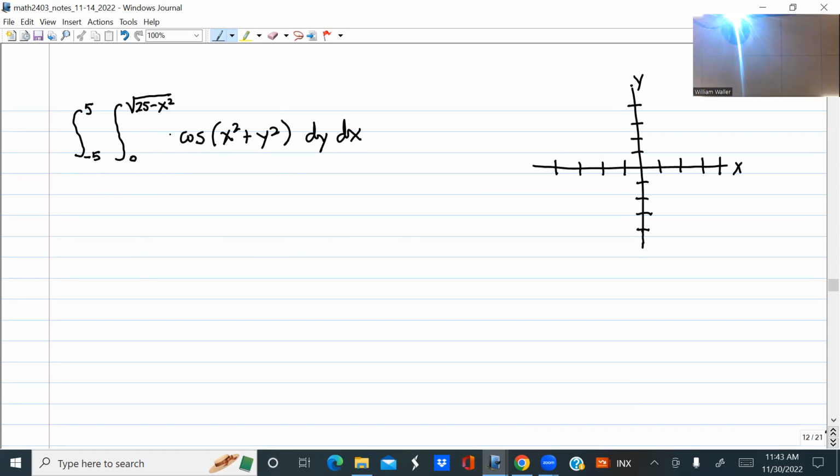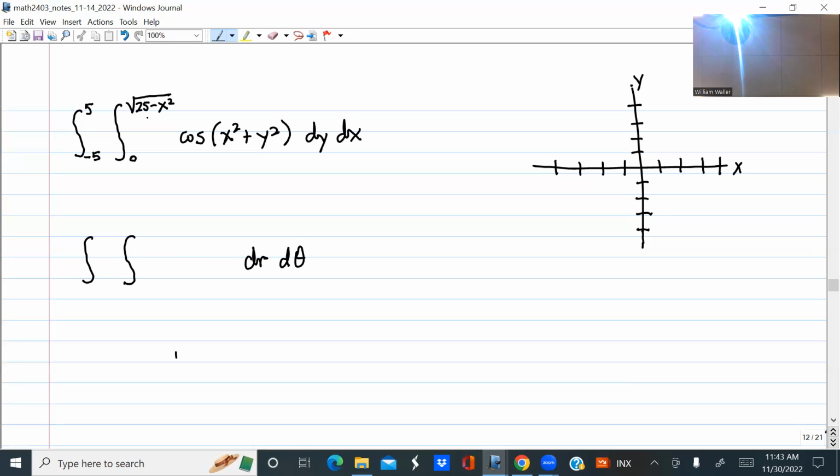So you want to look at the region of integration and then try to convert that to polar coordinates, so you can get the limits of integration in polar coordinates. Remember, when you convert this to polar coordinates, you're going to have limits of integration written in polar coordinates, and usually the order of integration is going to be dr d theta. Okay.